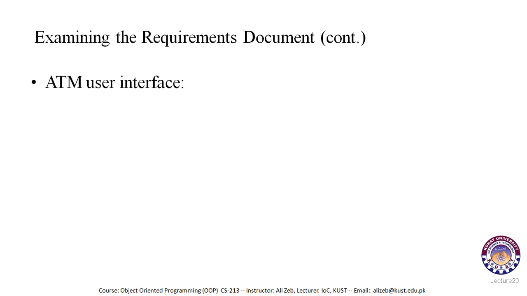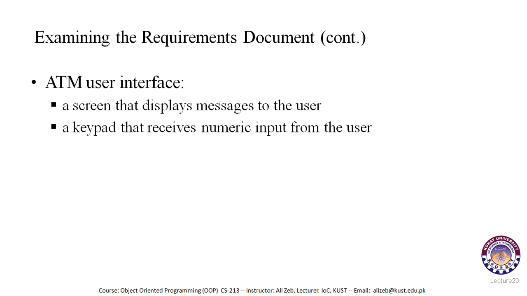Now let us continue our examination of the requirements document. The document requires you to have the ATM user interface, that is a screen that displays messages to the user. These can be informative messages directing the user how to use the ATM machine or how they can get their required functions from the ATM machine.